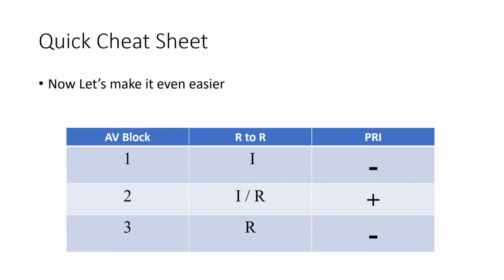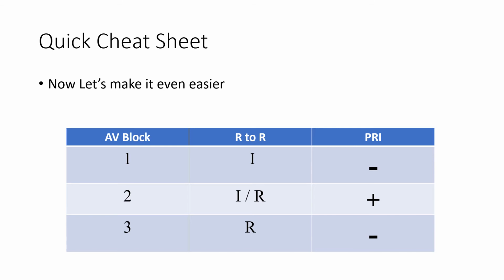If the PRI is not constant and the R to R is irregular, then I know that it is a second degree type 1. Same thing if I look at my R to R and it's regular. If my PRI is not constant, then I know it's a third degree AV block. If it is constant, I know it's a second degree type 2.